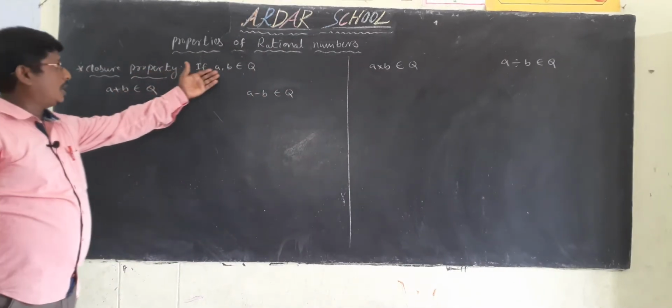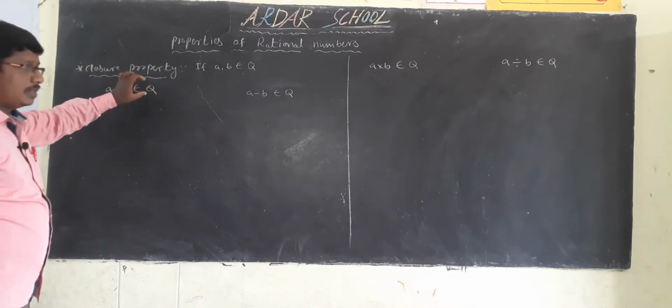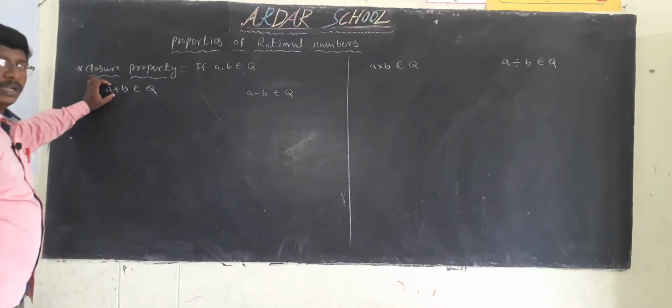If a, b belongs to Q and a plus b belongs to Q, this is closure property under addition.